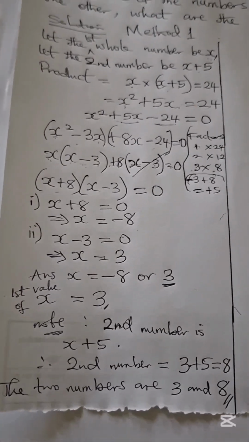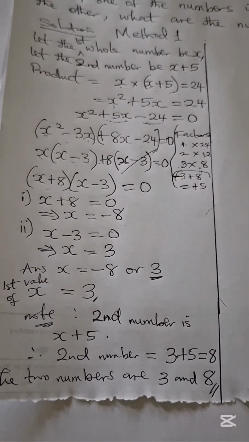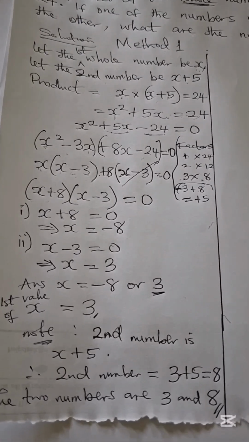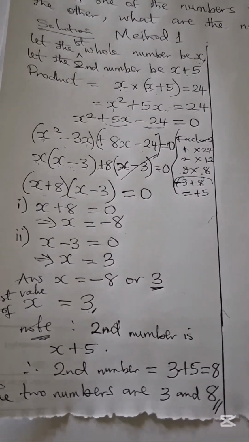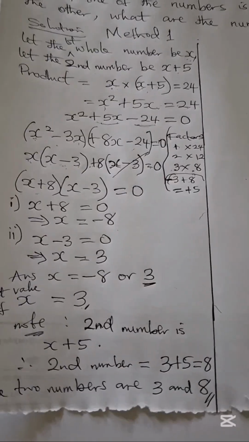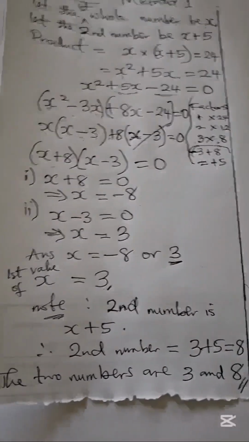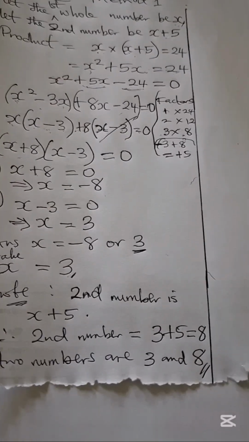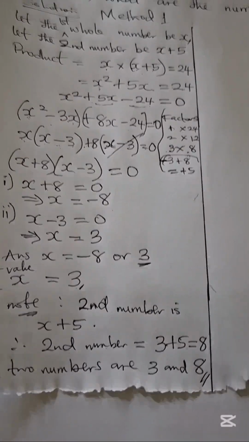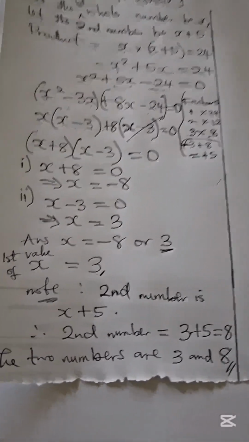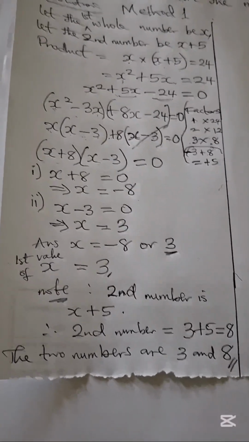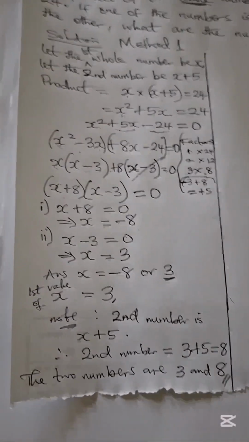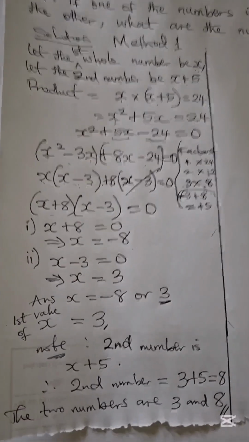Then going back to the equation we formed, we had x times x plus 5 in brackets equal to 24. So getting x as 3 and x plus 5 as 8 will give us 3 times 8, and that is 24. Okay, all right, take your time, go through the solving once more.